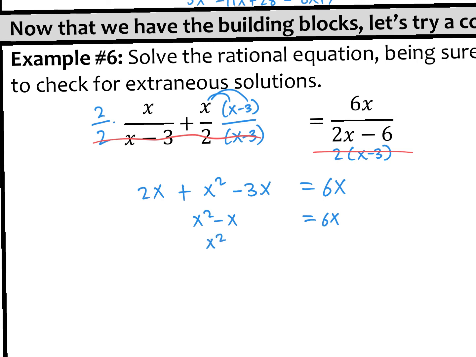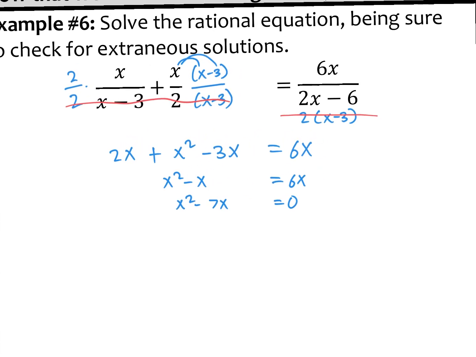Get x squared minus 7x equals 0. Okay, it is a quadratic, so we wanted to set it equal to 0. Now I'm going to factor the x squared minus 7x. I have a GCF of x, so x times x minus 7. And I can set those equal to 0. x equals 0, and x minus 7 equals 0, which means x equals 7.